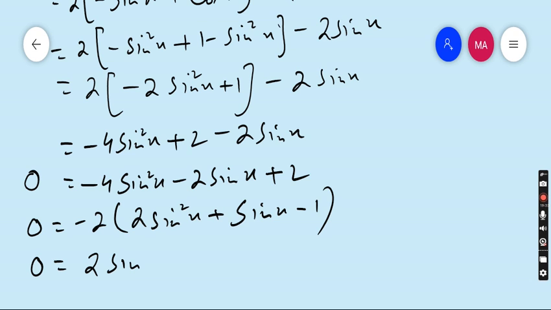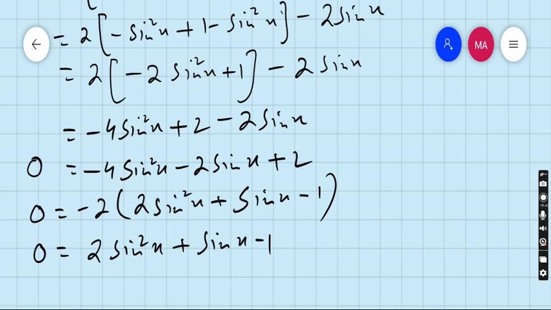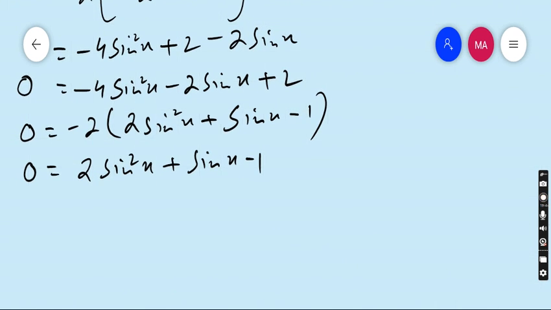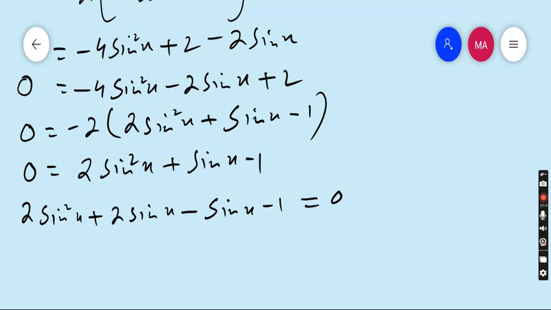So we have a quadratic equation: 2 sin square x plus sin x minus 1. By the middle term break method, 1 times 2 is 2, so 2 sin square x plus 2 sin x minus sin x minus 1 is equal to 0.